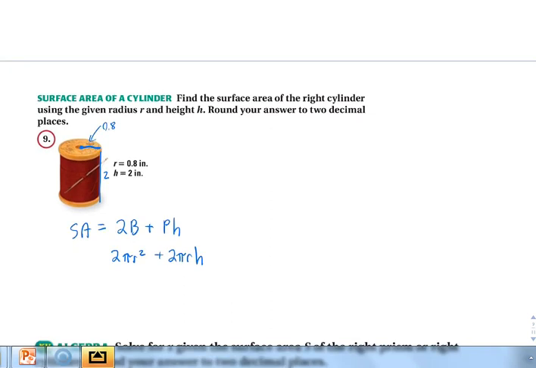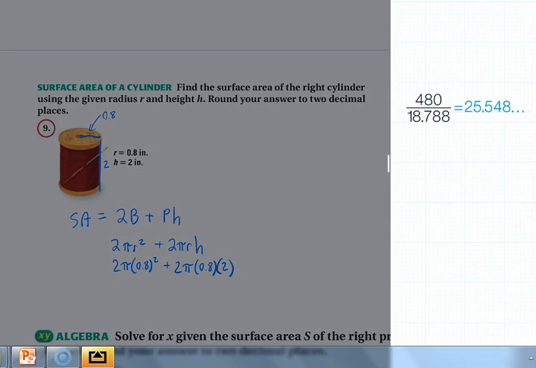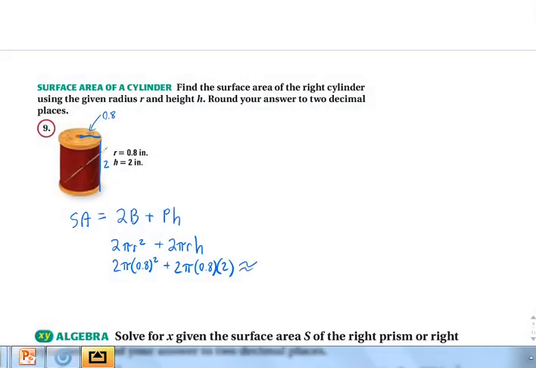So plugging in these numbers, I get 2 pi 0.8 squared plus 2 pi 0.8 times 2. Let's see if that worked out. There we go. It all worked out nicely. So 14.07.